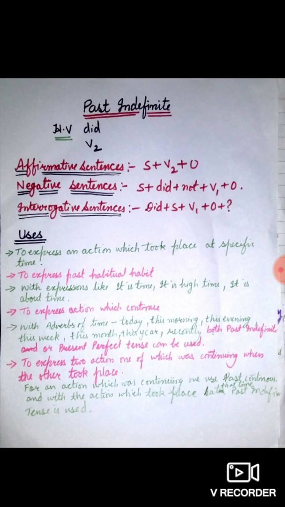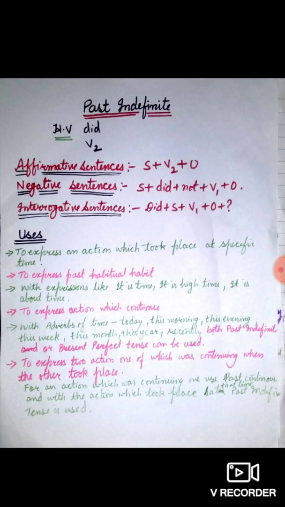If we want to express two actions which took place at the same time in past, in both the actions we make use of simple past tense. Examples: while she cooked, I wrote a book. While they played, we studied.